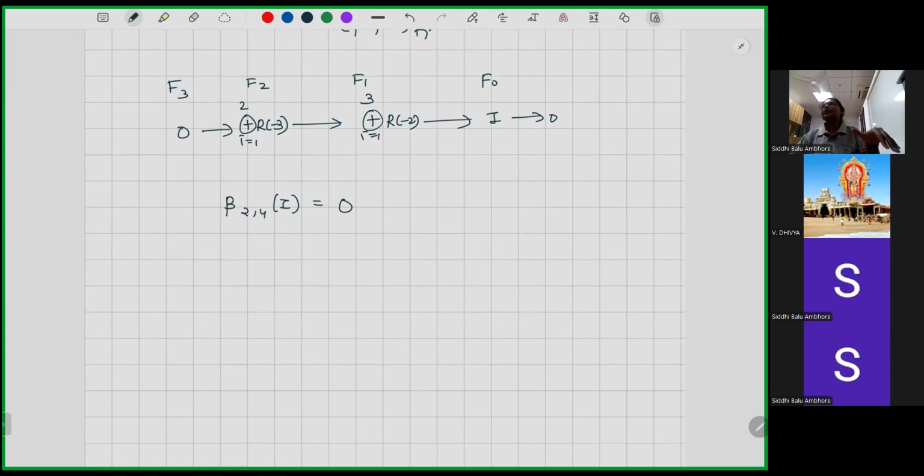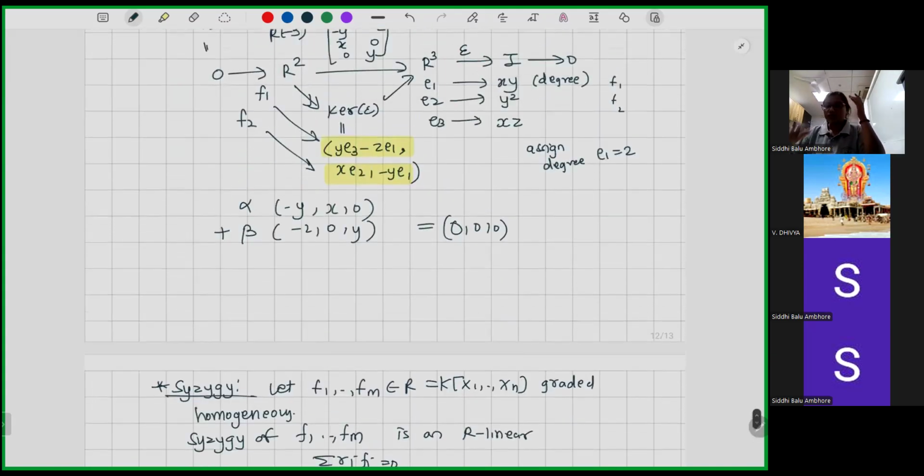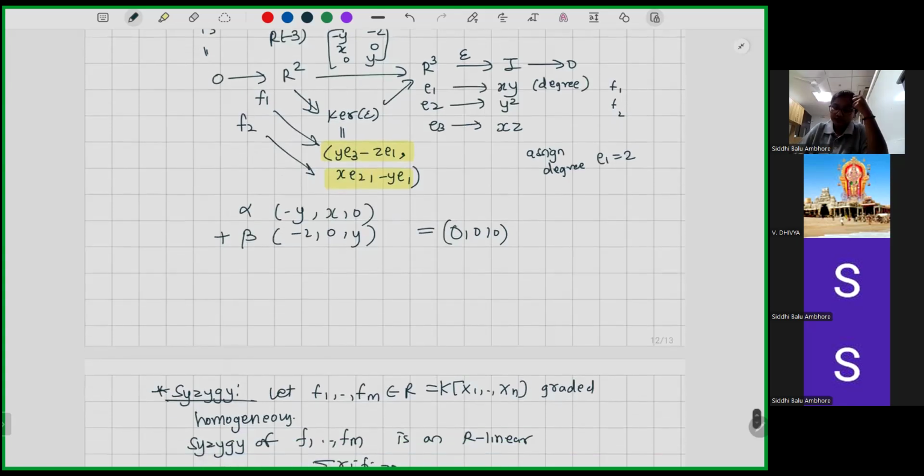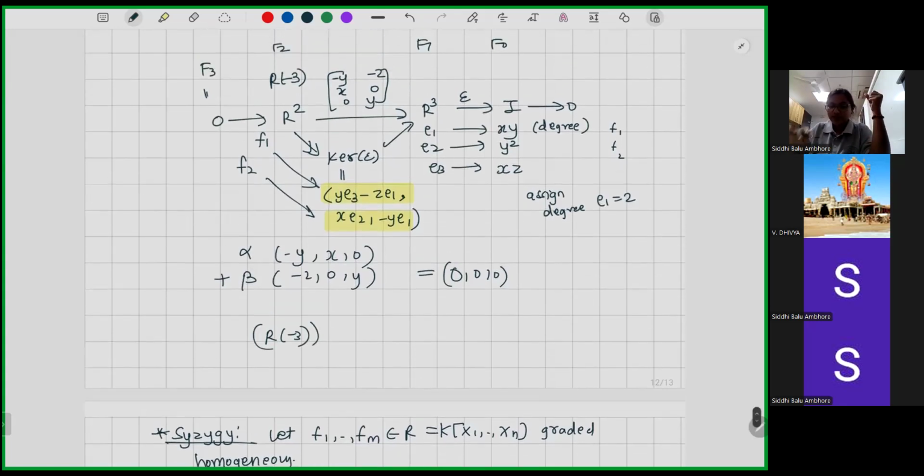Please understand how we are assigning the degrees here. It has to have a degree preserving map. E2 had degree 2, but this kernel epsilon, I want this map to be a degree preserving map. So here it is R(minus 3), and multiplication by 2 will give me a degree 0 element, and so on.